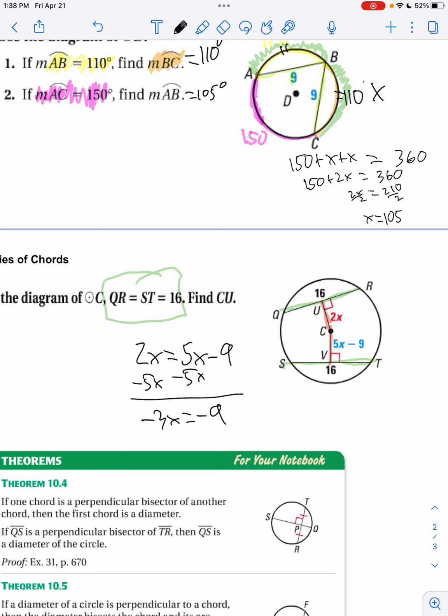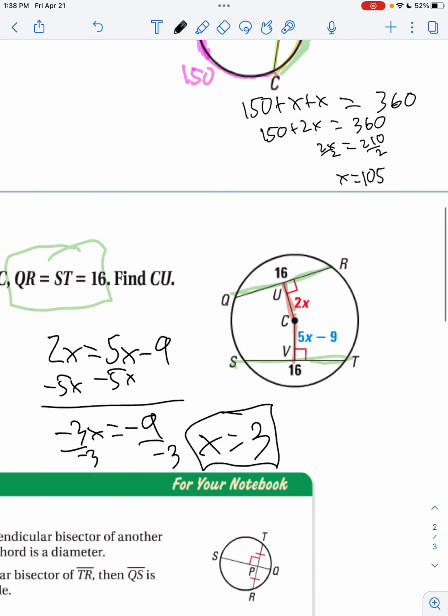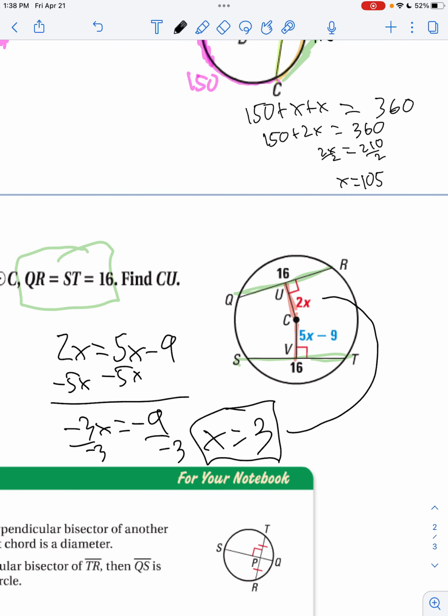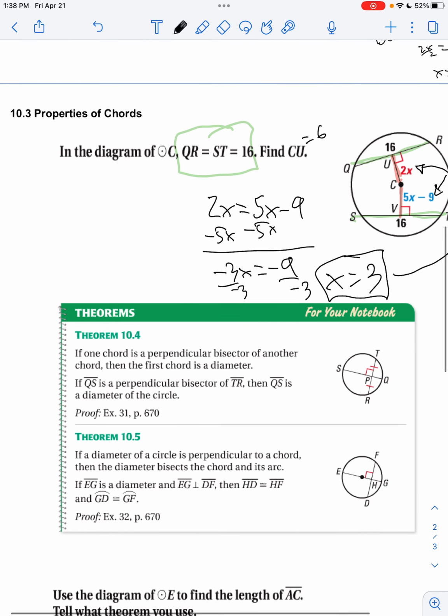Negative 3x equals negative 9, and x equals positive 3. That gives me x, but the question asked for CU, which is 2 times 3, so CU equals 6. Let's check our work: 5 times 3 minus 9, 15 minus 9 still equals 6. If I plug it in here, I get the same answer.